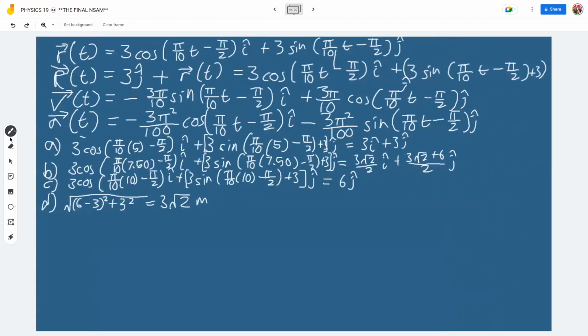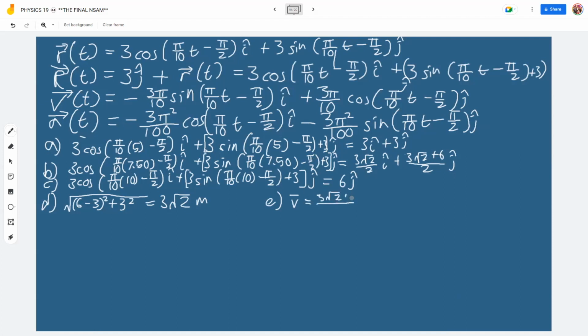So 6j hat minus 3i hat plus 3j hat, delta r is equal to negative 3i hat plus 3j hat.